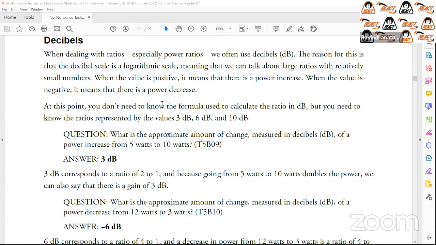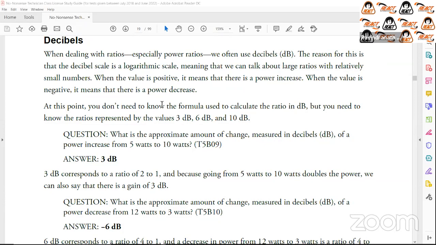When the value is negative, you are decreasing the power. So the actual value itself wouldn't tell you whether you're increasing or decreasing. You need to look at the sign, either a positive sign, which is simply indicated by, well, nothing at all, or a negative value, which means that you put a minus sign before the figure.